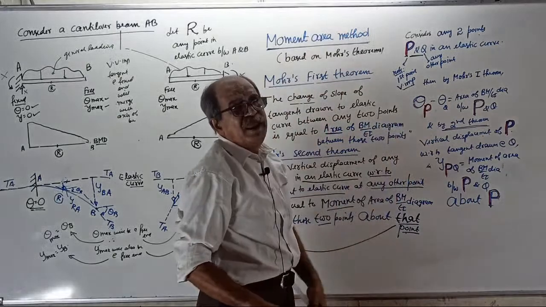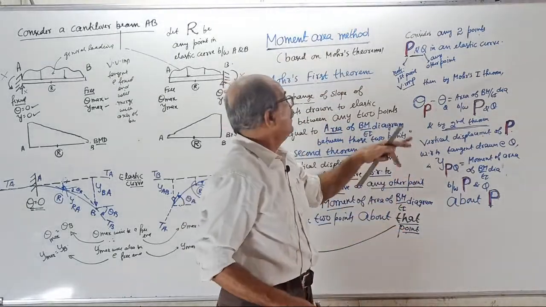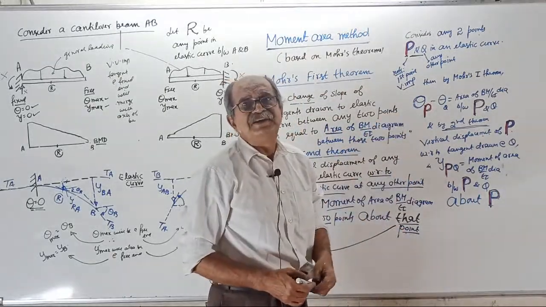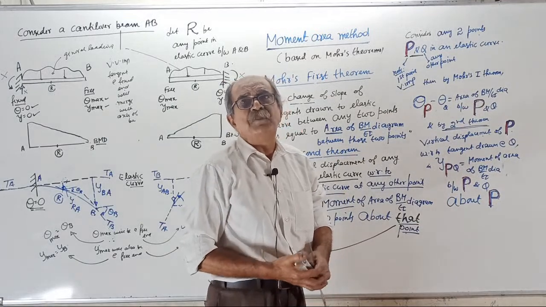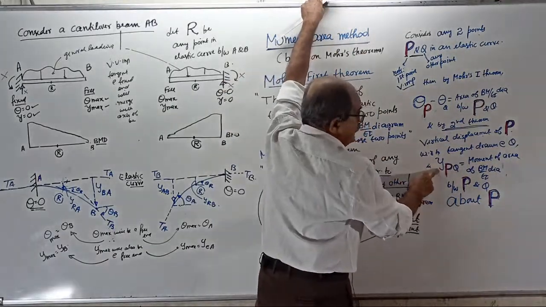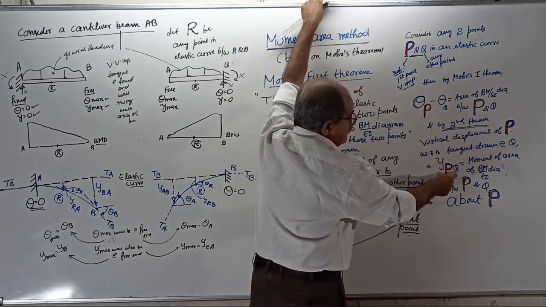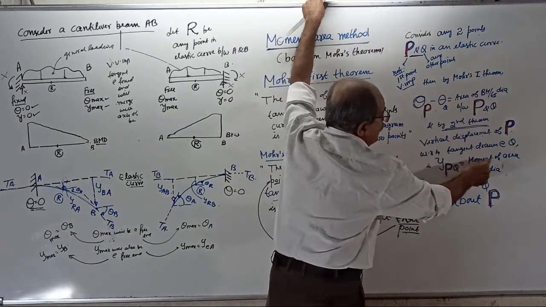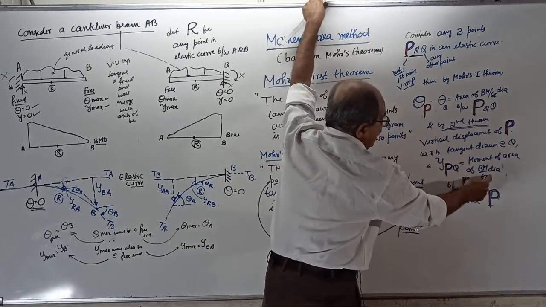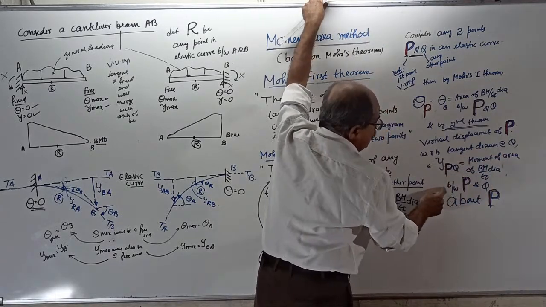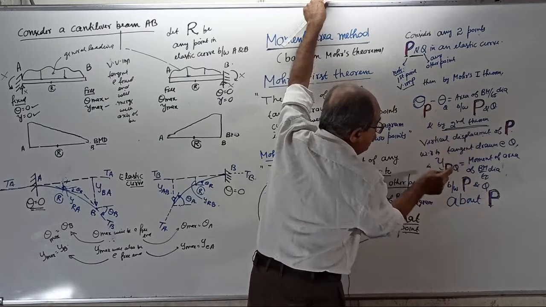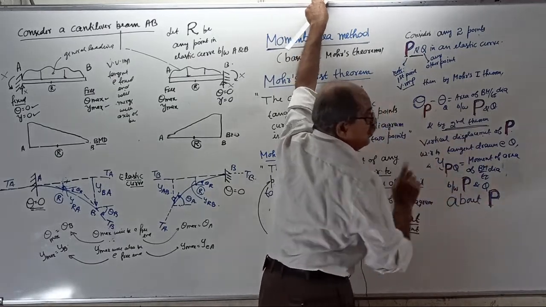You can either call Y or delta, your choice. When I do problems, I may call it delta because Y, universally popular, is delta. Y of any point P with respect to the tangent at some other point Q is the moment of the area of the BM by EI diagram between P and Q about P, not Q.